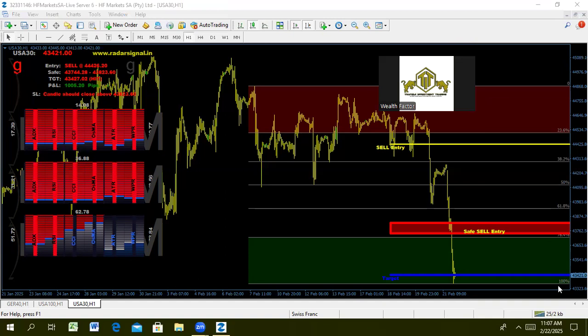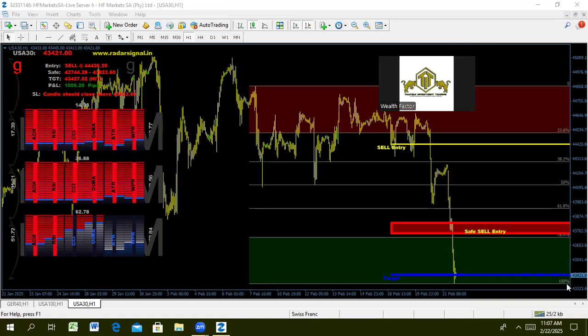In this case, we are looking at US30. As you can see, 0% is on top and 100% is below. If 100% is at the green zone, the green zone represents the support level, support zone, or demand zone.